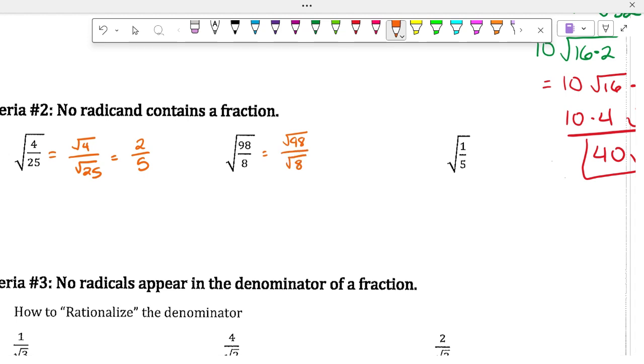Now, we talked about this. What's the big issue that we have here? Well, it's not just that, but there's something else that's wrong. Well, we could simplify it first. But before we do that, there's something else that's kind of bugging me.